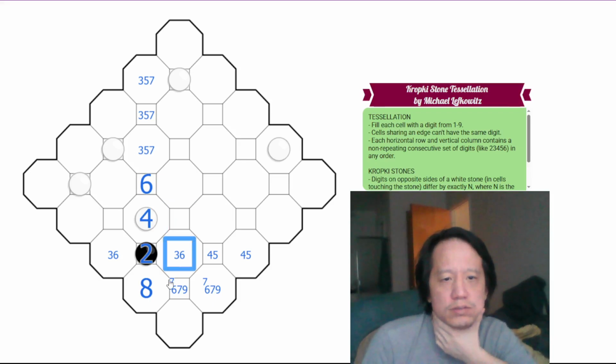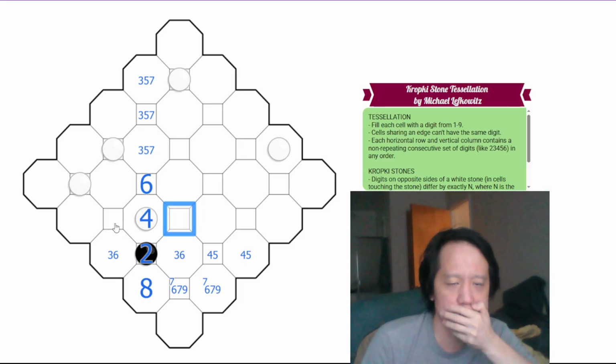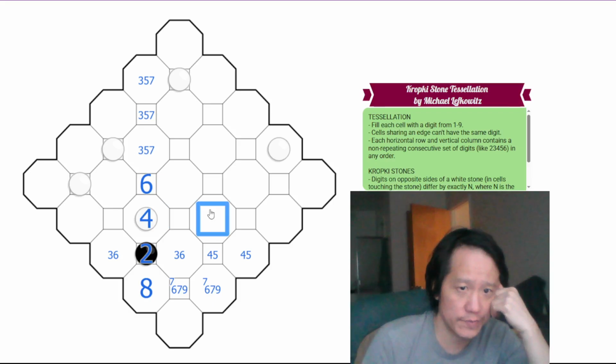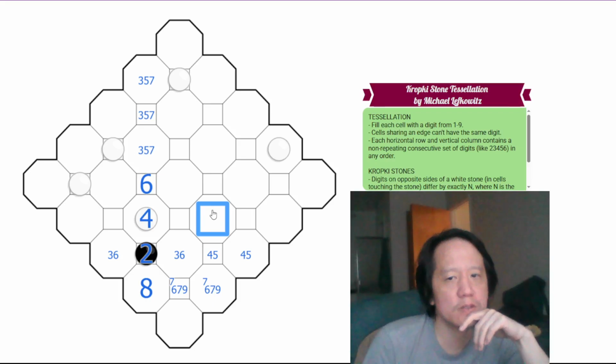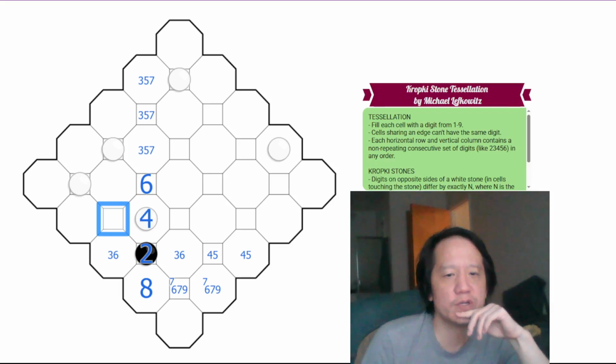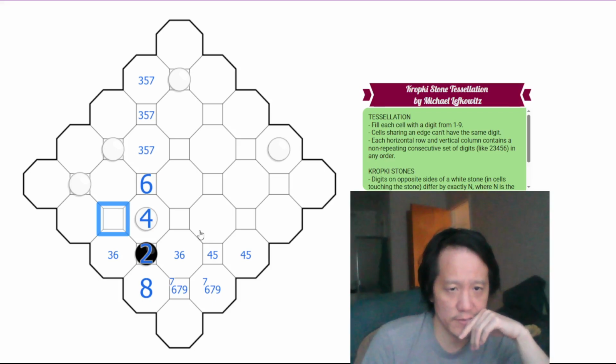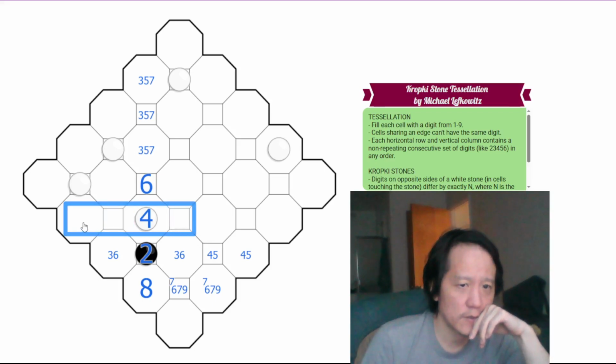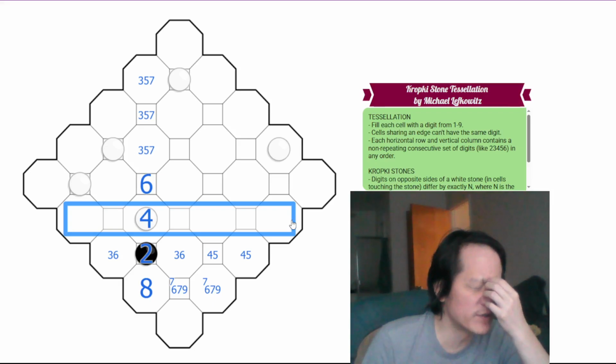3 and 6. This difference is 4 apart. Okay. This difference is 4 apart. So we have... These must be the digits 1 through 8 or 2 through 9.